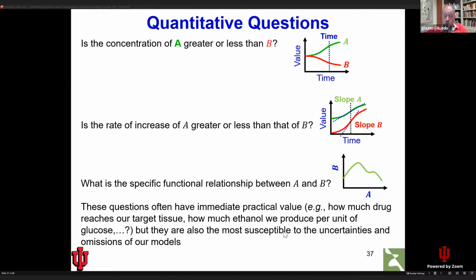Now, if I'm doing drug dosing and I'm doing pharmacokinetics, and I take a pill and I know how many grams of drug are in the pill, and I want to know how much of that drug gets into the tumor, well, in that case, I have to do the hard work to get the quantitative results. But there's going to be a big uncertainty band on it, even with all that hard work.